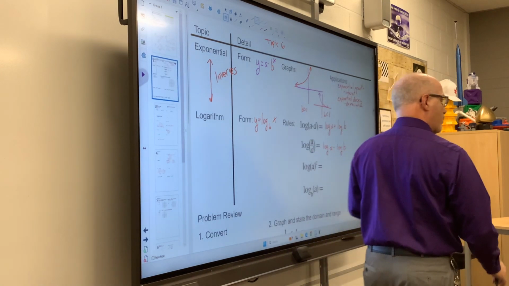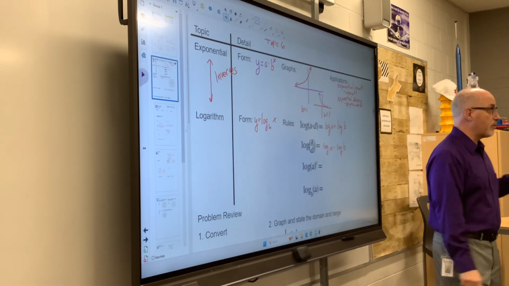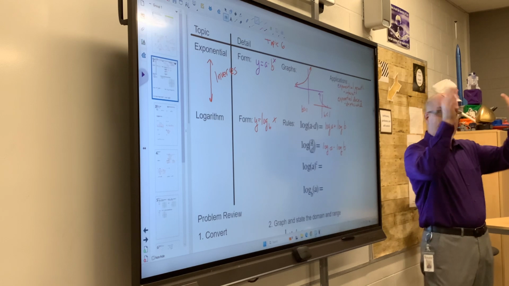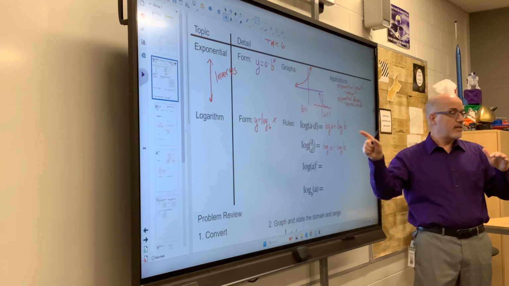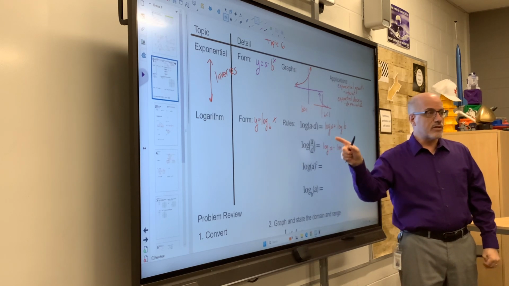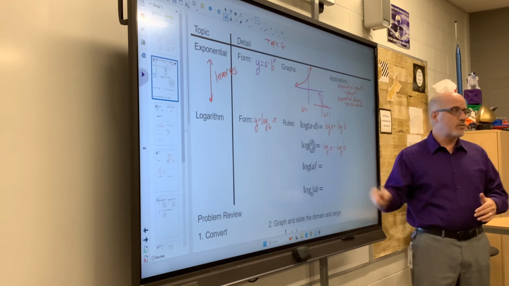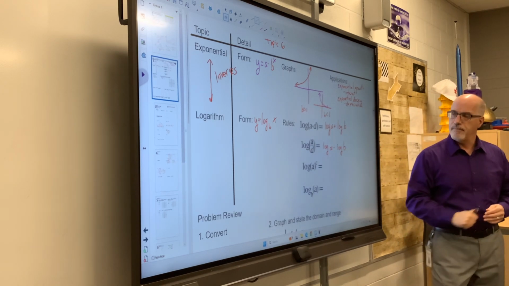This is based on those rules we talked about with exponents yesterday. When you multiply 2 things with the same base, you add the exponents. And when you divide 2 things, you subtract the exponents. That's what these rules are based on, okay?